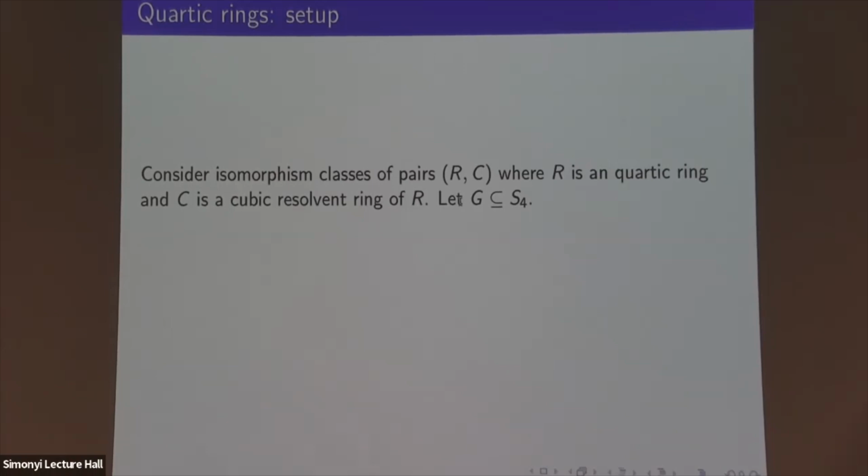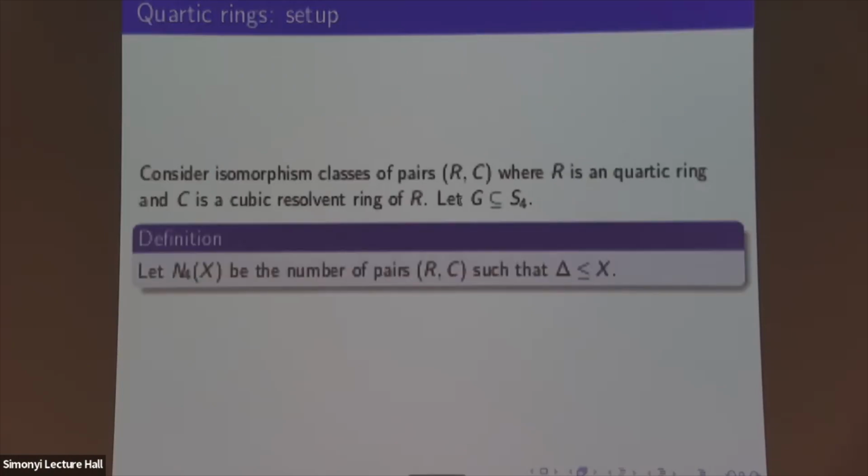So consider isomorphism classes of pairs R, C, where R is a quartic ring and C is a cubic resolvent ring of R. And let G be a subgroup of S4, because now we're looking at the quartic case.